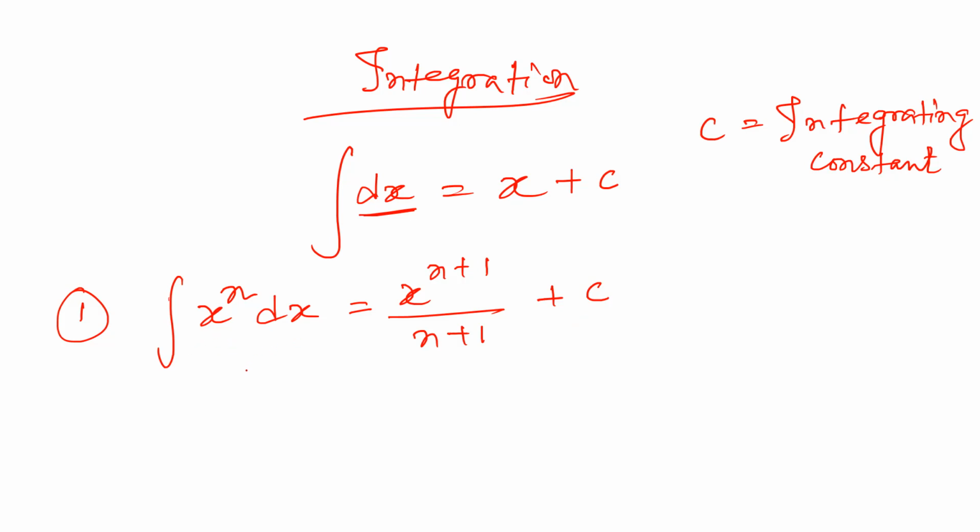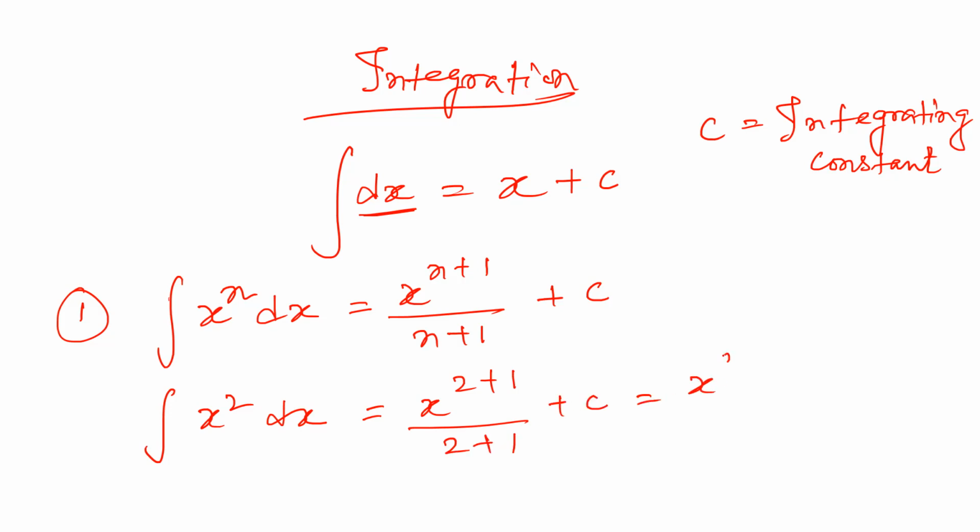With the help of this we can find the value of x square dx. That equals x to the power of 2 plus 1 divided by 2 plus 1, plus c, which is x cube divided by 3 plus c. I hope this much is clear.